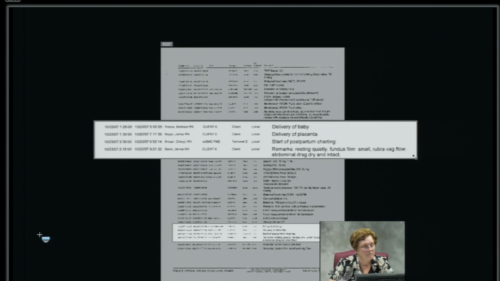Does it appear that you, Nurse Keene, Nurse Beyer, and Nurse Brown made all of those entries at 5 a.m., 6:52 a.m., 7:11 a.m., and 9:33 a.m.? Yes, except for the last one, it's 9:31, not 9:33. Thank you very much for that clarification.